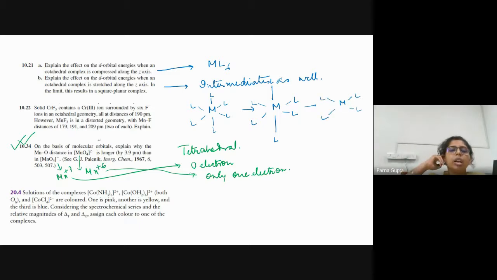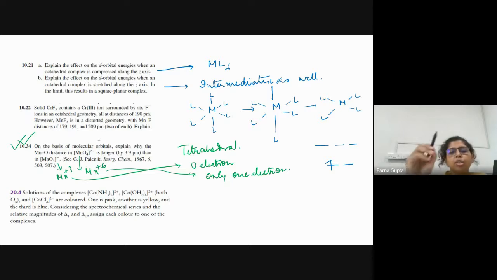There are intermediates. And I explained that in tetrahedral also you have an orbital in eg, and this is the reason for the Jahn-Teller distortion.